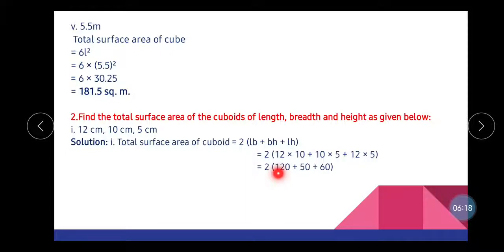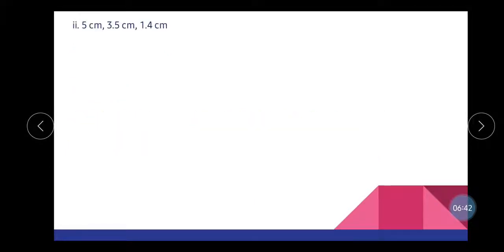Opening the bracket, 12 tens are 120, 10 fives are 50, 12 fives are 60. So we get 2 into (120 plus 50 plus 60). Adding up the brackets, 120 plus 50 plus 60, we get 230. 230 into 2, we get 460 square centimeter. So the total surface area of this cuboid is 460 square centimeter.